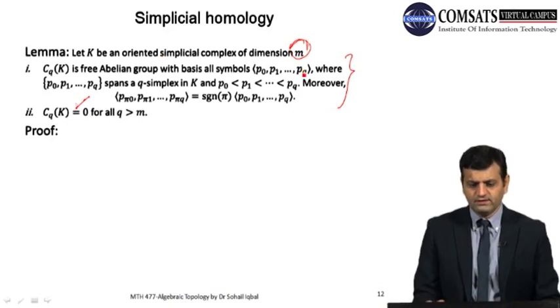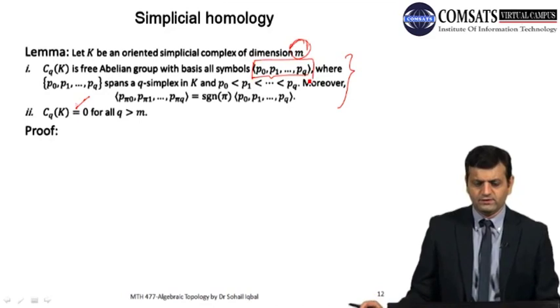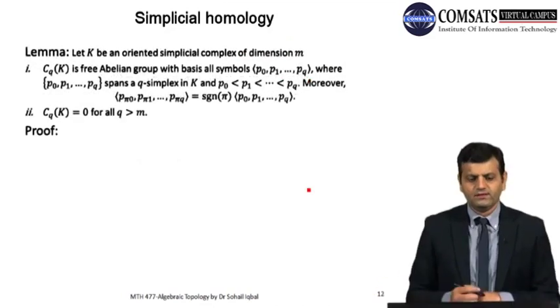Basically it says that it is a free abelian group generated by all symbols of this form, which generate a Q simplex.